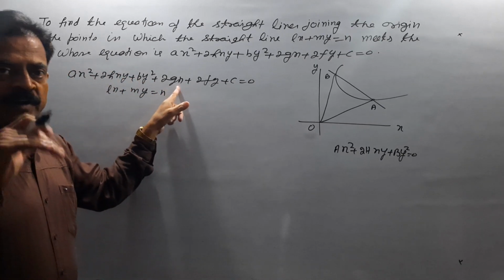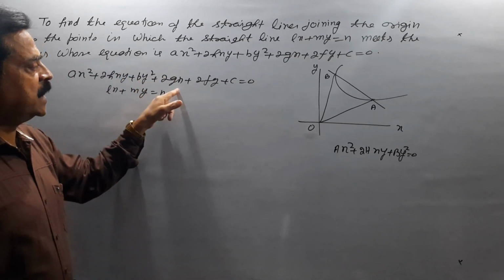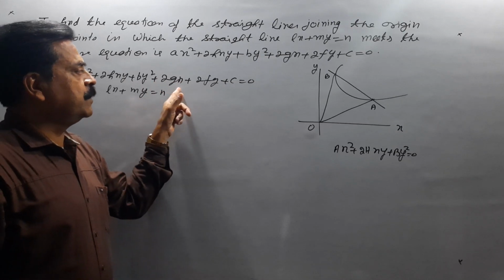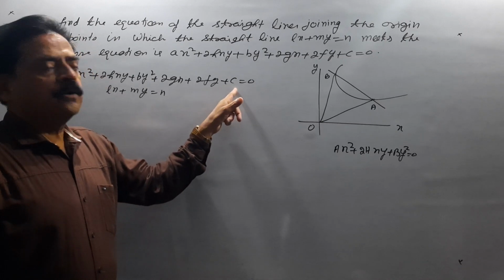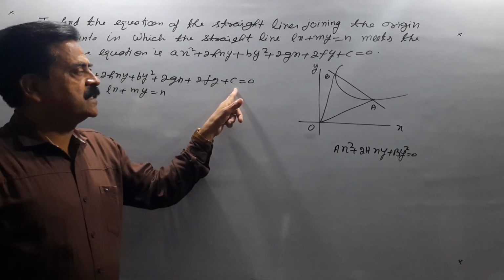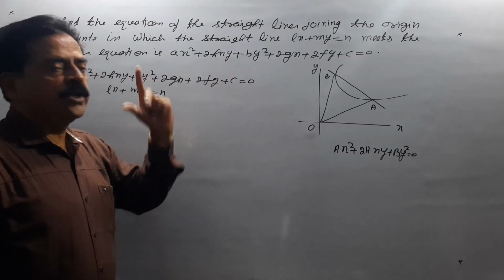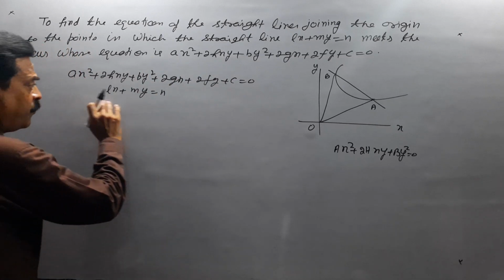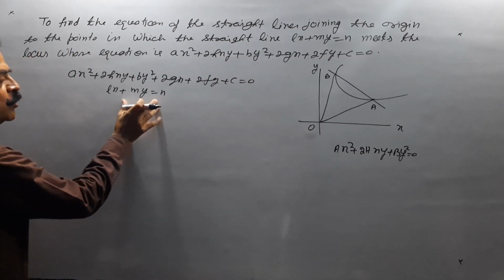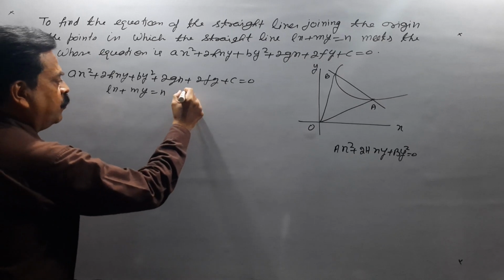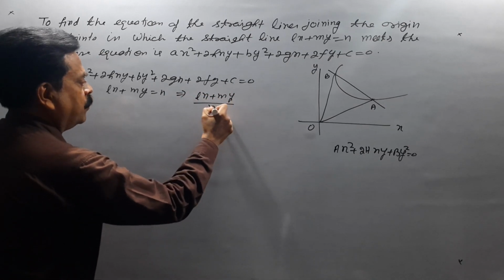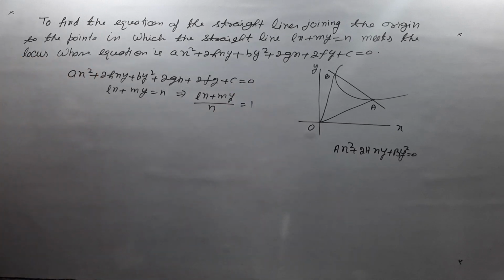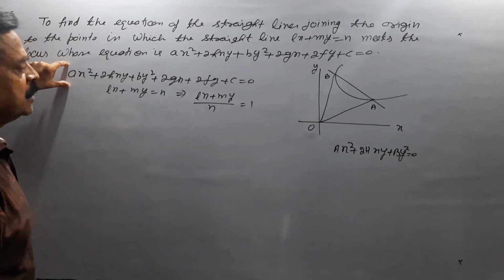This term is of 1 degree because there is only x in the form of variable, and this by term is of 1 degree, and the constant is independent of x and y. So this is a 0 degree term. Find the value of 1 from the equation of the straight line. The value of 1 means Lx plus my upon n equals to 1.